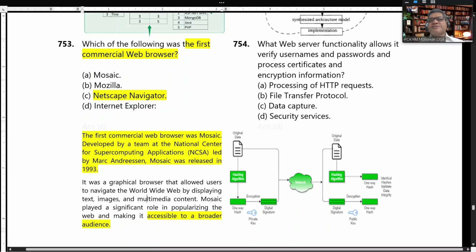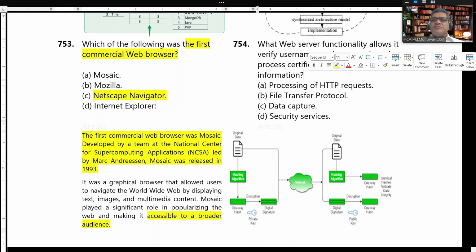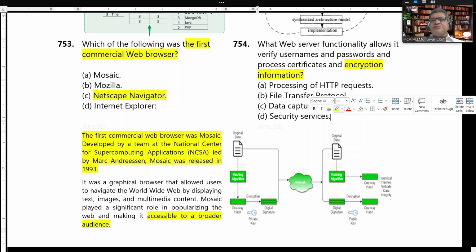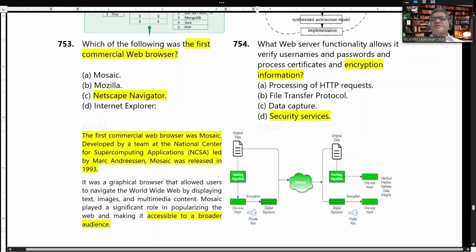What web server functionality allowed a variety of usernames and passwords and processed certificates that encrypted information? Encrypted information. So here security service, data security. Security service.